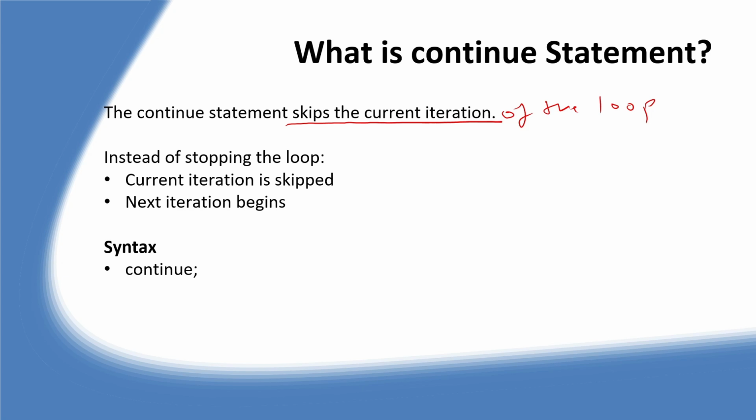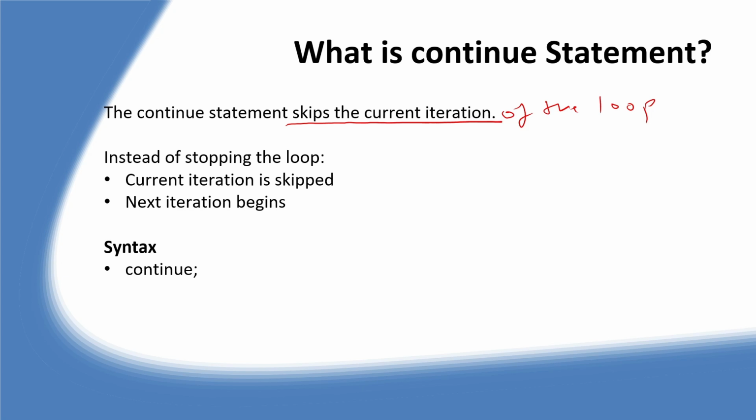Why is it a loop control statement? Because it will control the loop by skipping the current iteration. It has some control over the loop. That's why we call the continue statement a loop control statement.